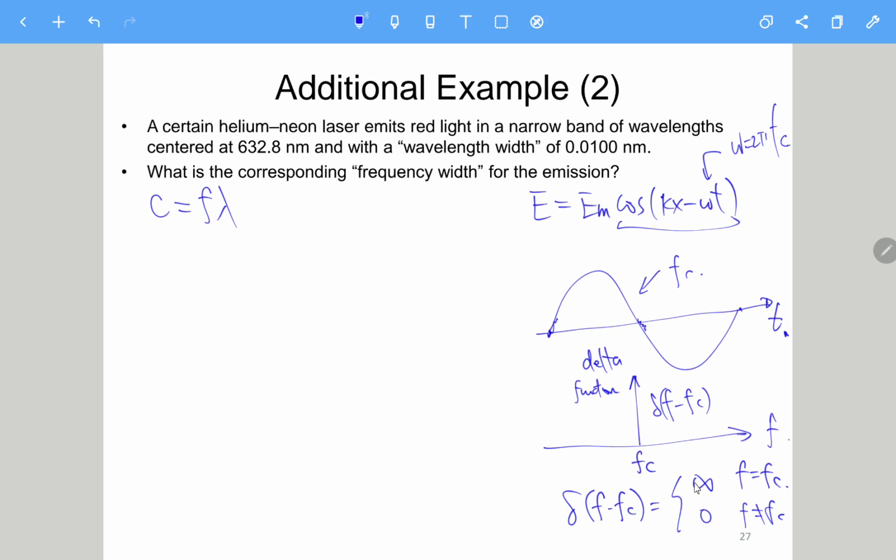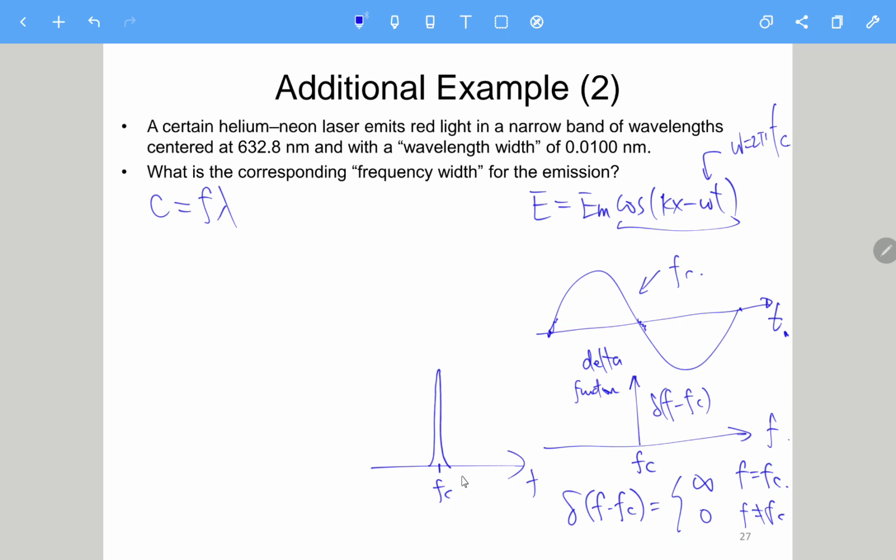But in the real world, it won't be like this. It will look like this. This is fc. Even though the frequency components are concentrated near fc, there are still components which are only close to fc but not actually fc.